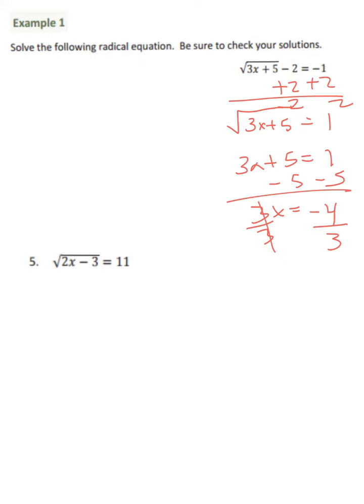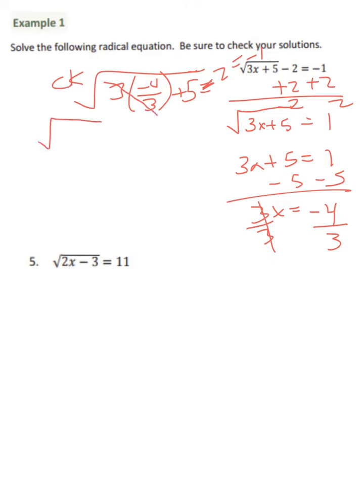So, should go back and check it. If I take the square root of 3 times -4/3, plus a 5 under the radical, minus 2, sorry, my bad, I'm running out of room here. Does that equal -1? Well, when I do this and I'm multiplying, you know that those cancel there.